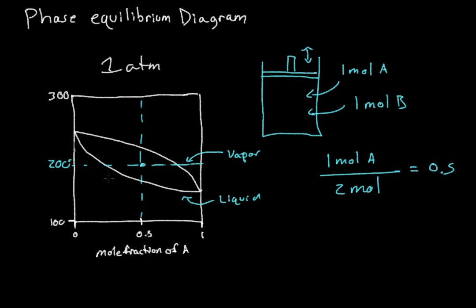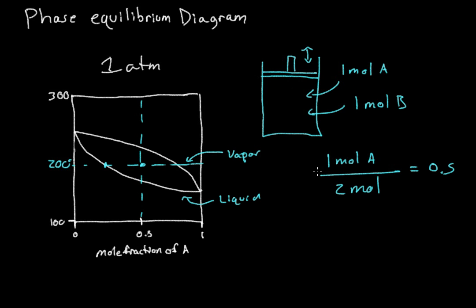And we want to know what percent is vapor and what percent is liquid. How we do that is we look at 200 degrees. And remember, this is for a phase equilibrium diagram, so that means no matter where in the system you are, in the vapor phase or liquid phase, it is 200 degrees.